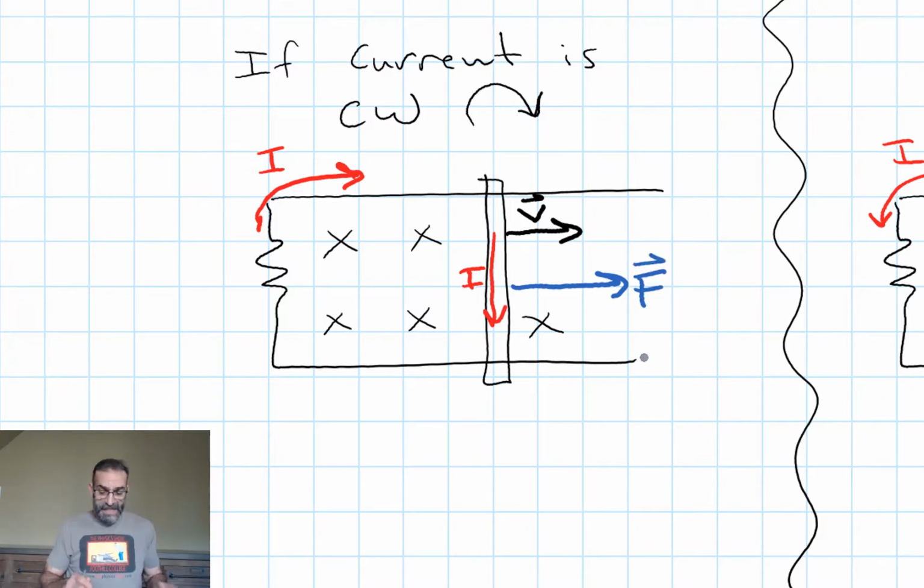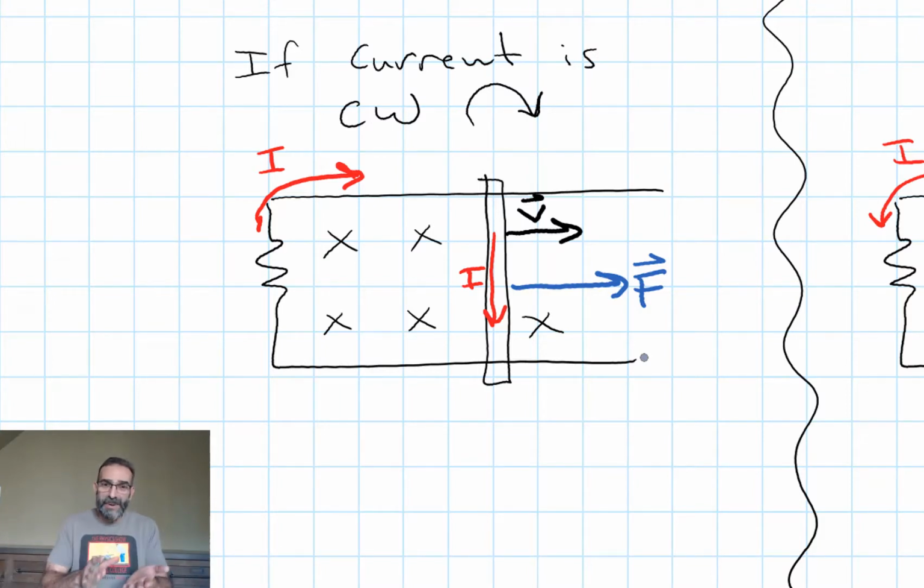So what does that tell us? We give this bar a little push to the right, the area starts to increase. If current gets induced in that direction, in the clockwise direction, it will feel a force to the right that causes the bar to move even more, which would cause more current to flow, which would cause a bigger force, which would cause the bar to move even more. We'd have free energy.